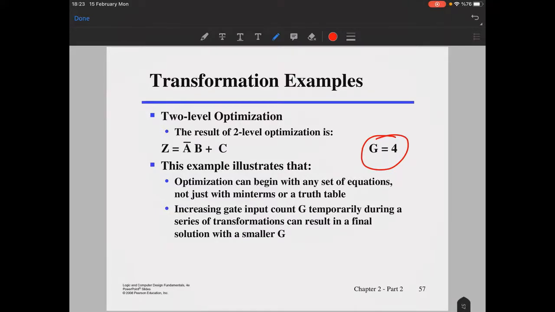It can happen, of course, and you can keep in mind that it can start with any set of equations, not just with minterms or truth table, and also increasing the gate input cost temporarily can be beneficial for seeing different types of minimization possibilities within the procedure.